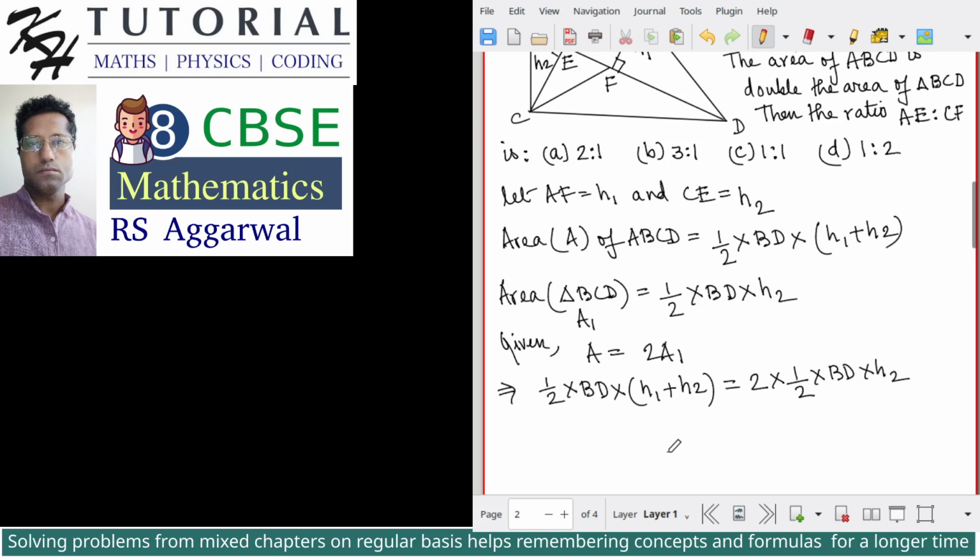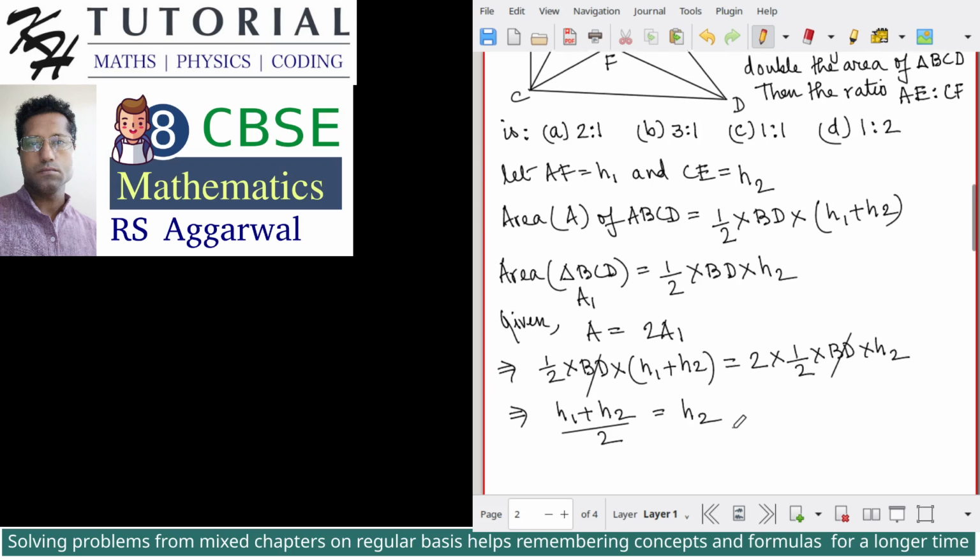So we can cancel out BD from both sides, since BD is a non-zero quantity. So we have (H1 plus H2) divided by 2 is equal to H2.